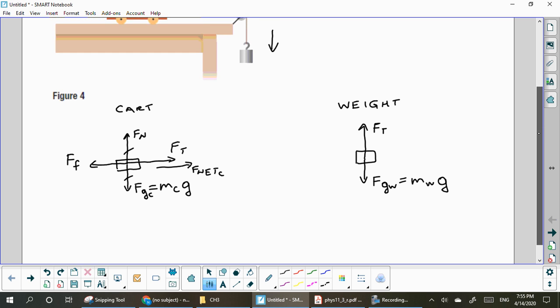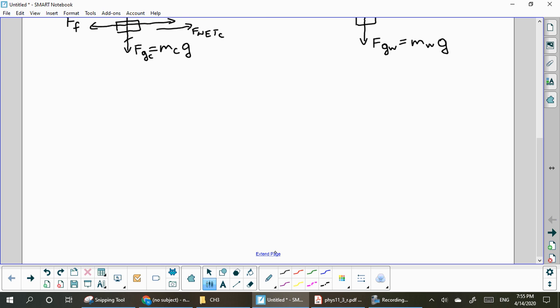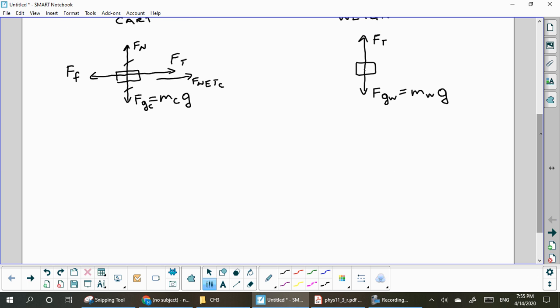So you create your free body diagrams. Whenever you have questions like this, you create separate free body diagrams, and now you start looking at the net force for each one, and we're going to go from there. So I'm going to go to the cart first. Like I said earlier, normal and gravitational force are canceling each other out.